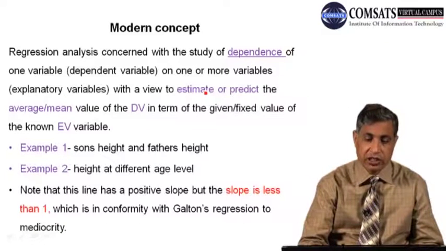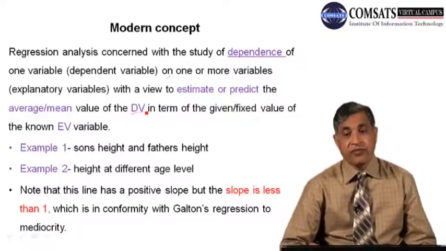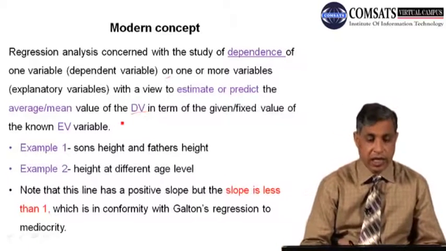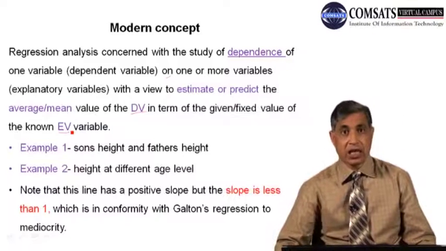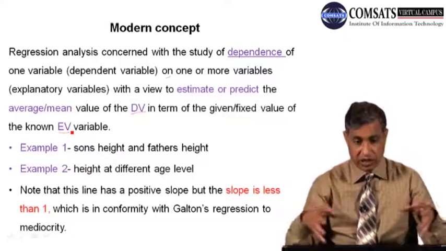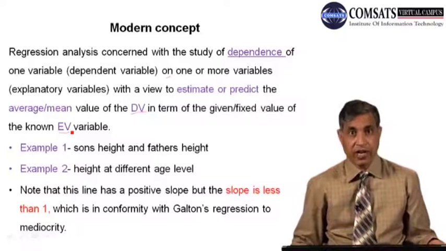in terms of the given fixed values of the known explanatory variables. Again, this is a bit large and the information is congested, so I would like to restate the modern concept of regression.